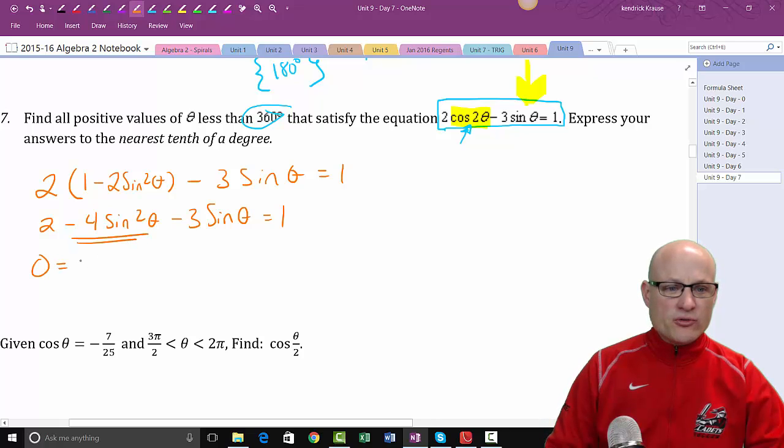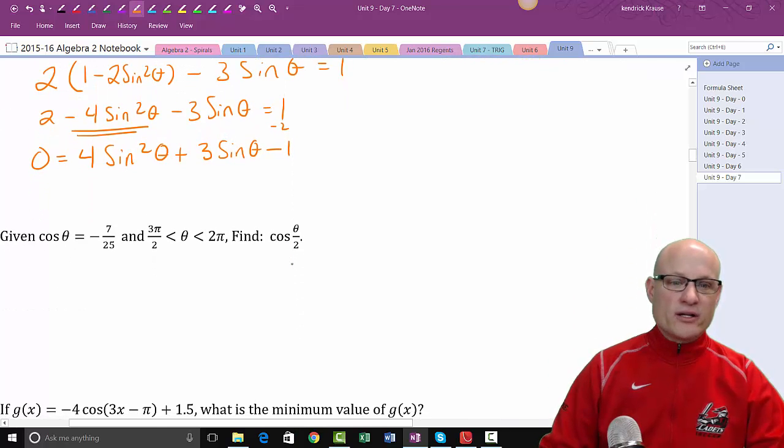0 is equal to 4 sine squared theta plus 3 sine theta, and we're going to bring this minus 2 over here. Ooh, that's awesome. Minus 1. Don't you love when the number there is 1? Because then any factoring is usually a joke. I hope you didn't start with 2 and 2. This one's going to be 4 sine.